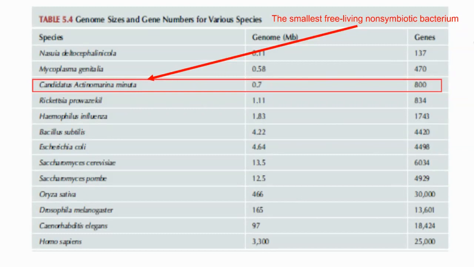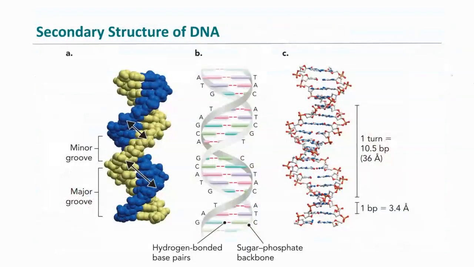And remember, if you go back to the previous slide, each base pair is about 3.4 angstroms, which is 0.34 nanometer.